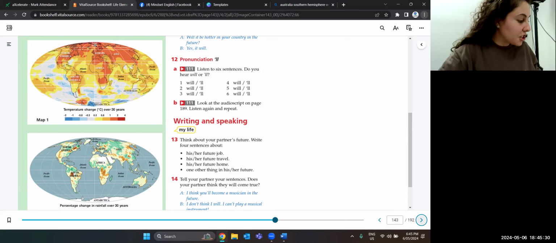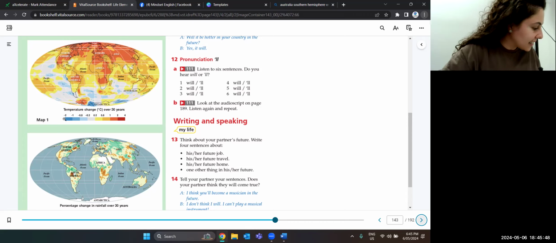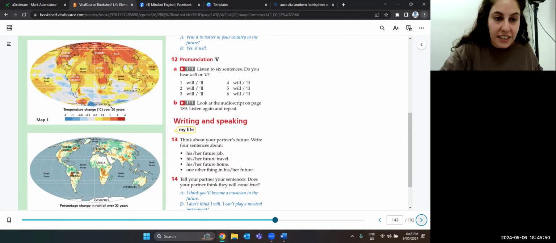Number 2, the temperature change in the north is higher than the south. True. I can see the north is higher because of the color. In the south, it's colder. The temperature in some parts of Antarctica has decreased by 2 degrees. Antarctica is on the bottom of the world. Yes, because it's got the blue color, so it has decreased.